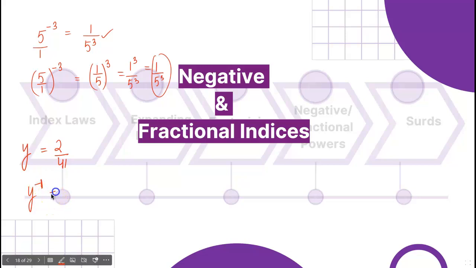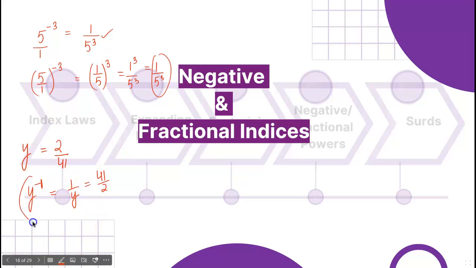If we have to make the negative indices positive, y inverse could be written as 1 over y, no? So 1 over y is the reciprocal of y. So can we write it as 41 over 2?